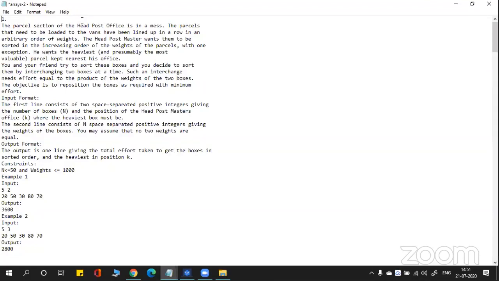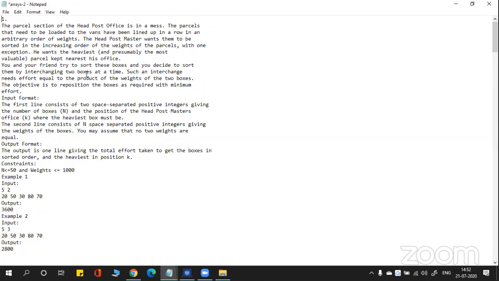Okay, so nearest his office. You and your friend try to sort these boxes by interchanging two boxes at a time. Such an interchange needs effort equal to the product of the weights of the two boxes.